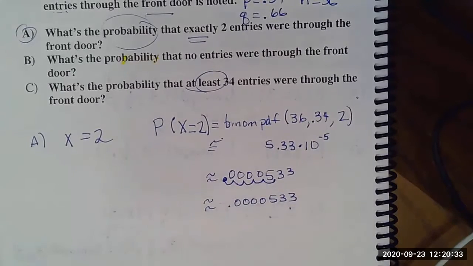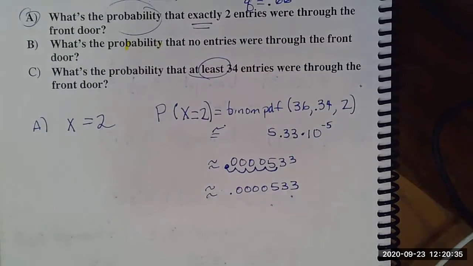So it's the same as 0.0000533. Now, I believe I said this last time, so I'm going to say it again. Probabilities get 4 decimal places typically for us in the author. Everything that's not a probability usually gets 2. So 4 for this, since it's a probability.